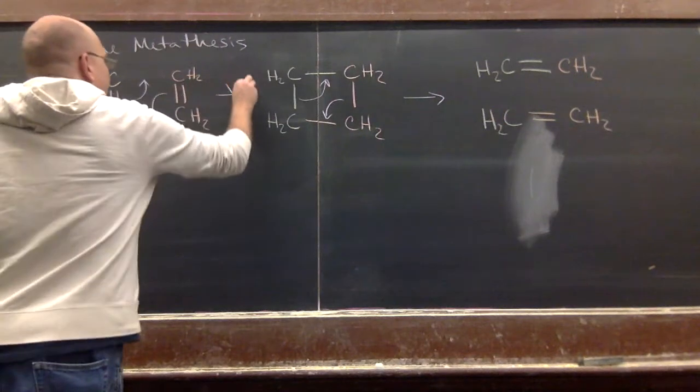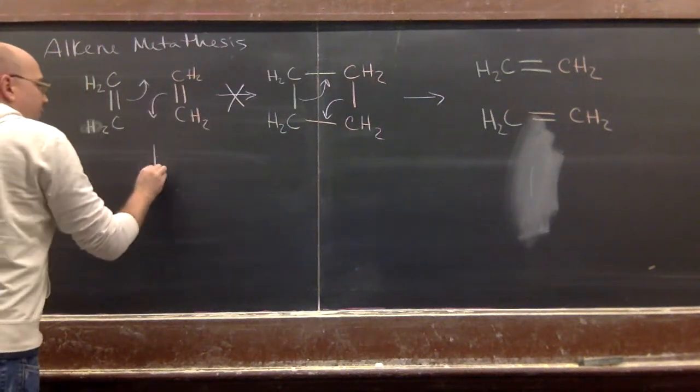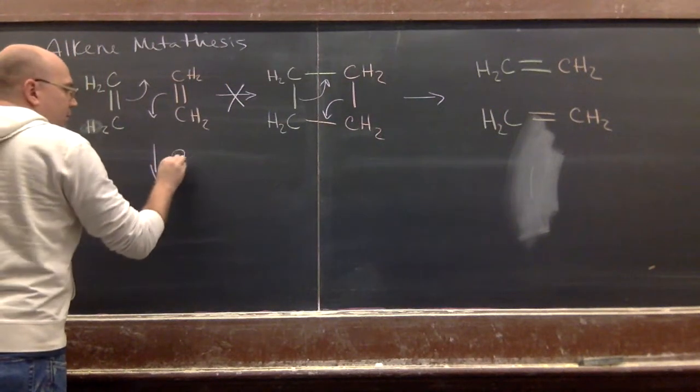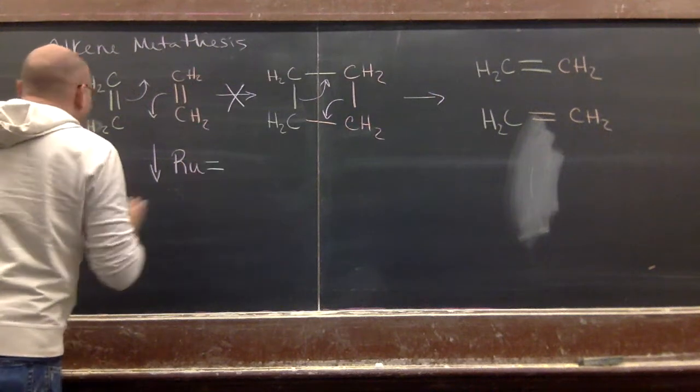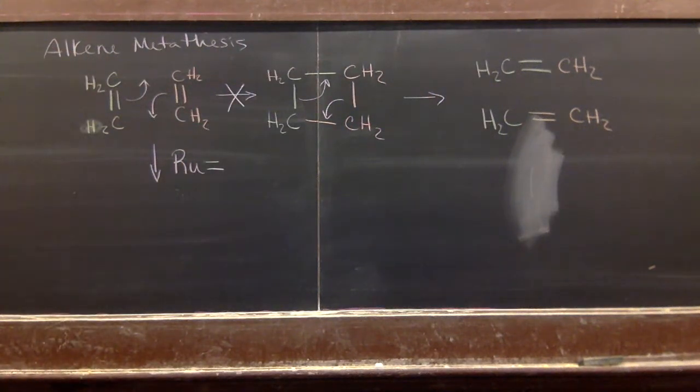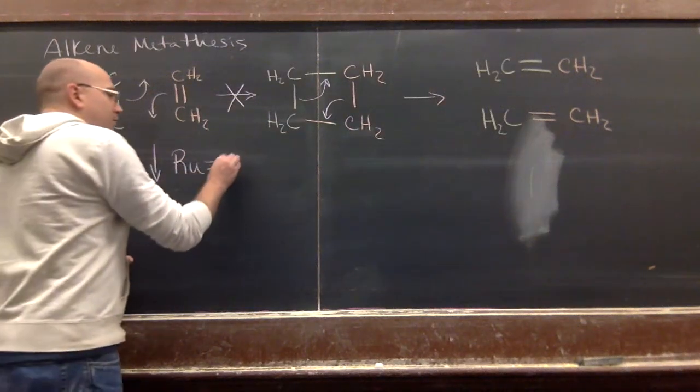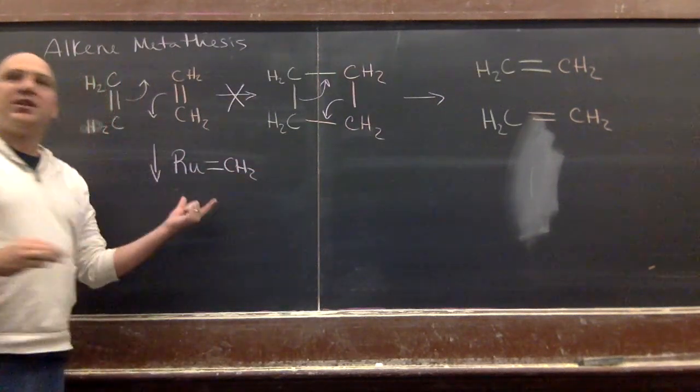So obviously we can't do that thermally. But what we can do is treat this molecule with a metal carbene. The metal that we are primarily going to be using is ruthenium. We can discuss the entirety of the catalyst, but from the mechanistic standpoint, this ruthenium alkylidene is the important point.